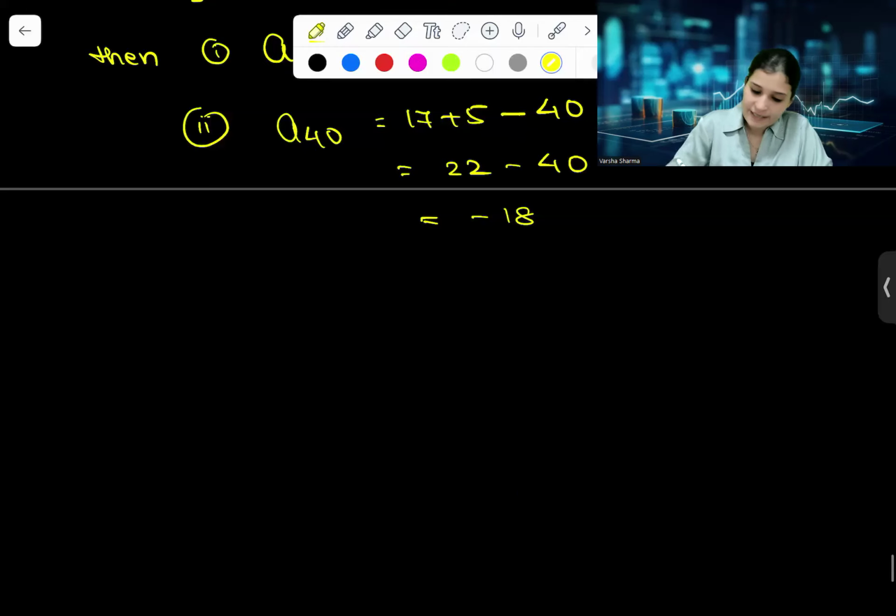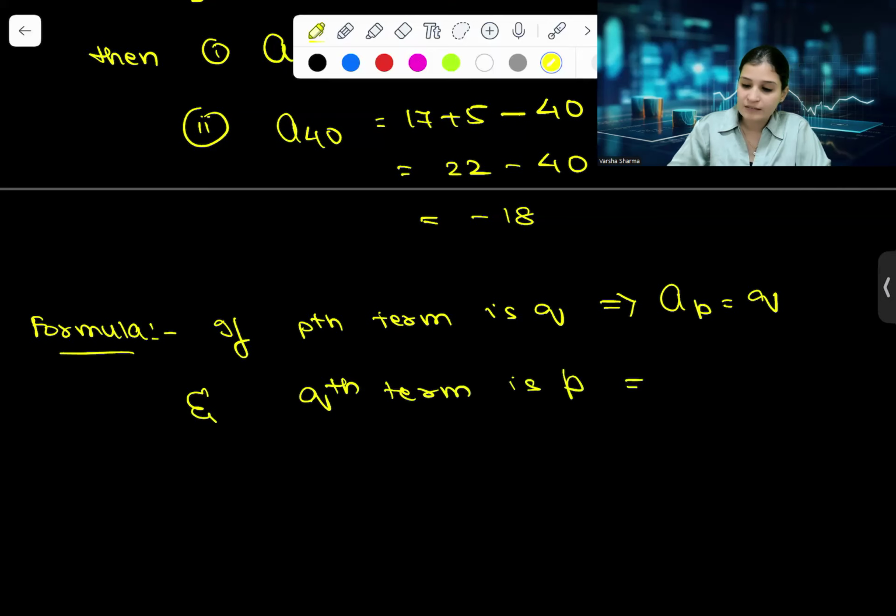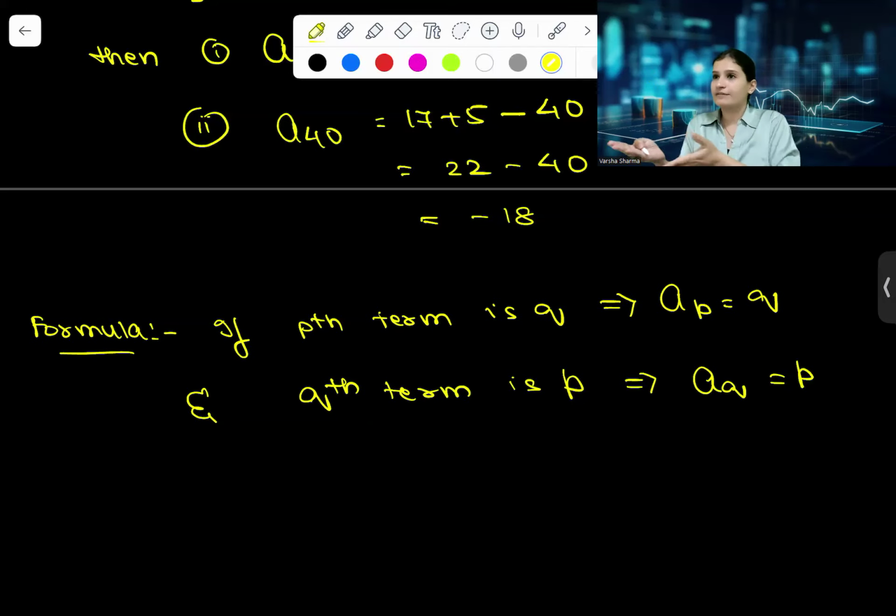What actually is the trick? If the Pth term is Q, what do we mean by the Pth term is Q? AP will be equal to Q. The Qth term is P, that is AQ equal to P. So it is the same as A5 is 17, A17 is 5.